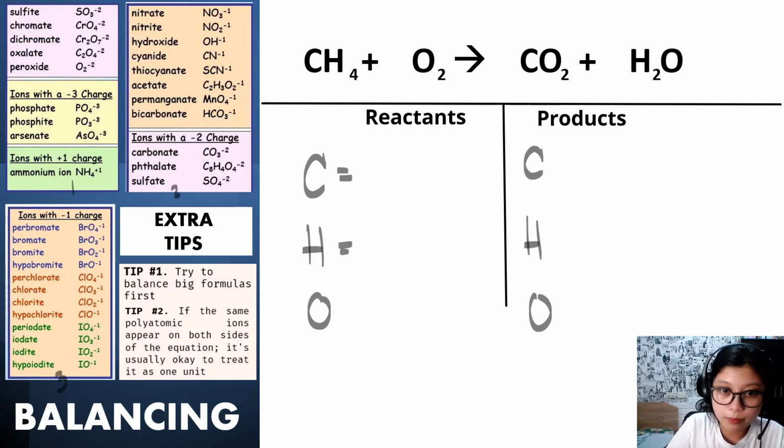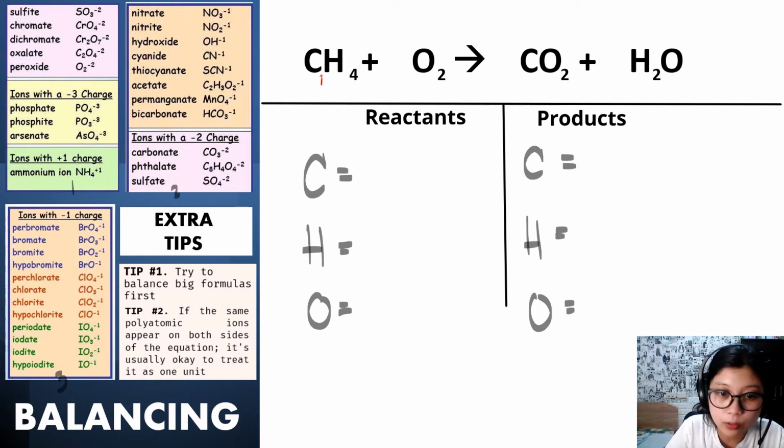The second step that we're going to do is to count the number of atoms present in each element. Starting with carbon, we only have 1. So don't be confused if you cannot see any subscript under an element.